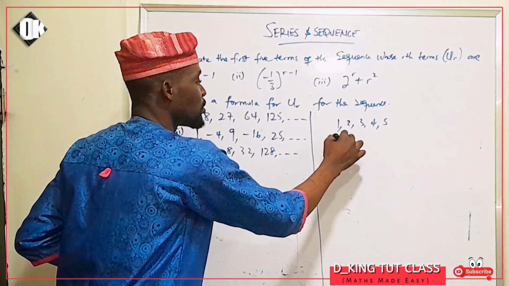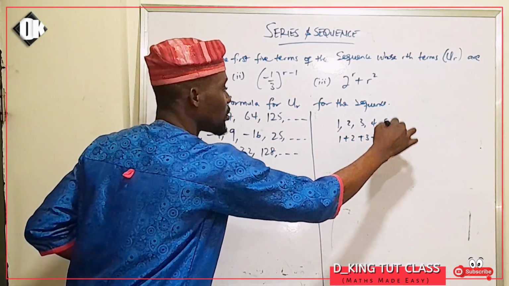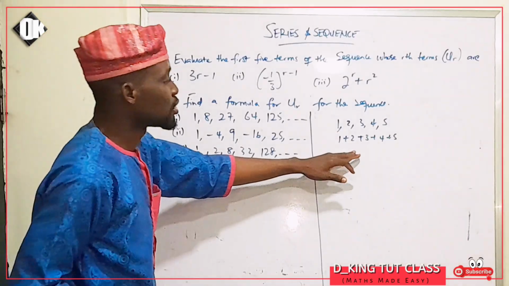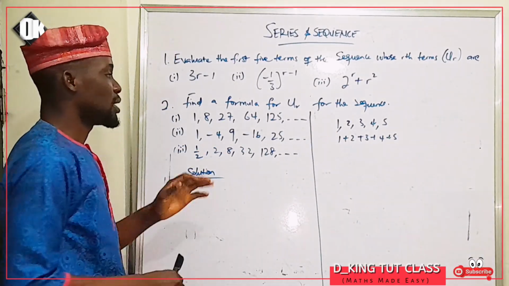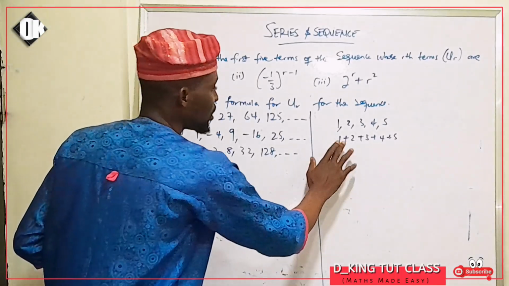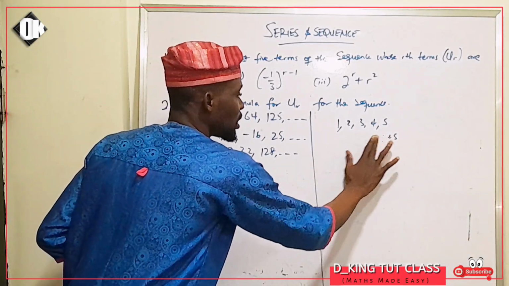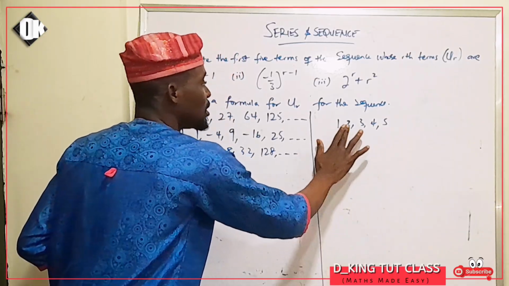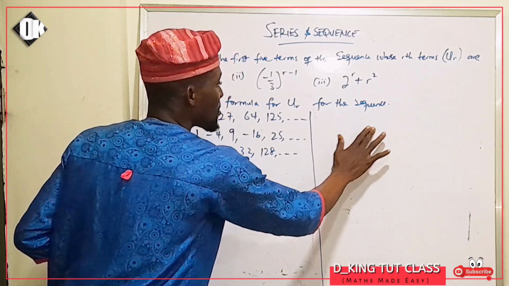Then for a series I have 1 + 2 + 3 + 4 + 5. Now this represents the series form. That's one major difference between series and sequence. And you can notice that anything that is not linear will be exponential under series and sequence.